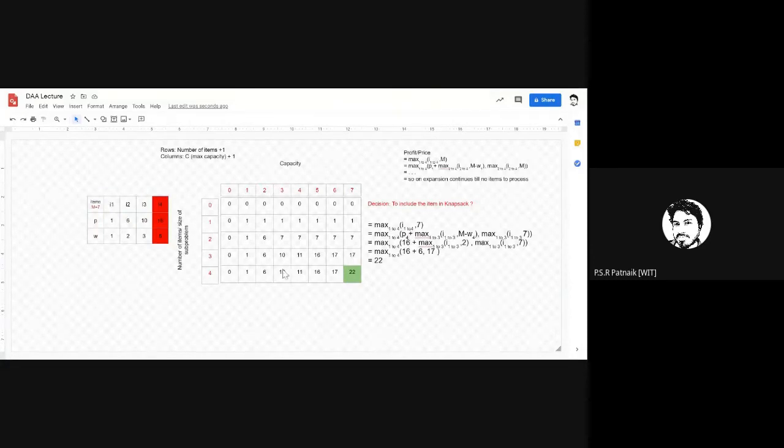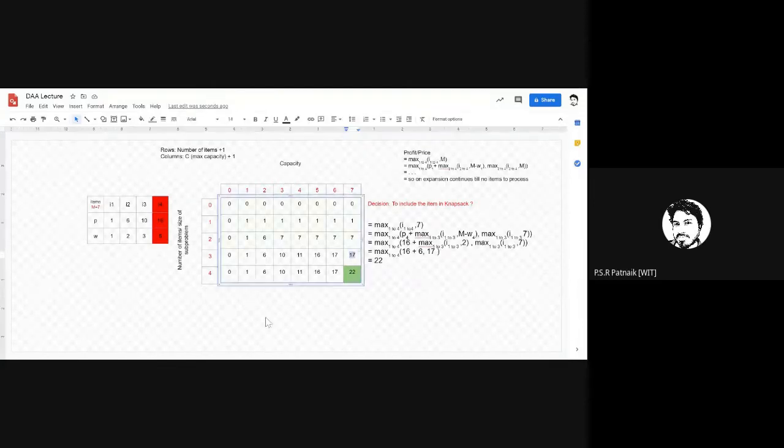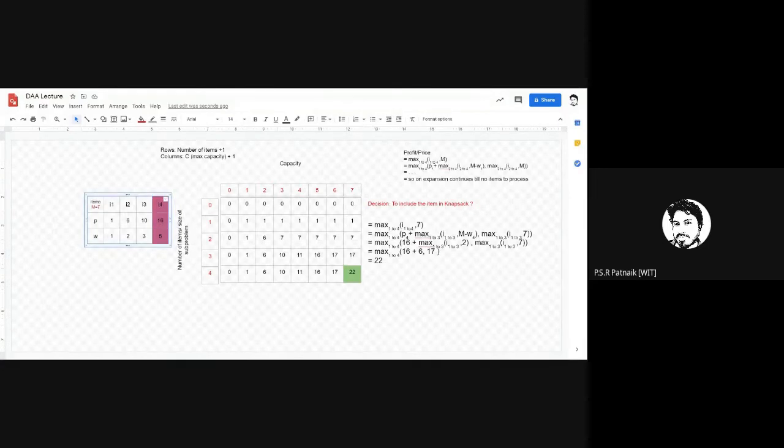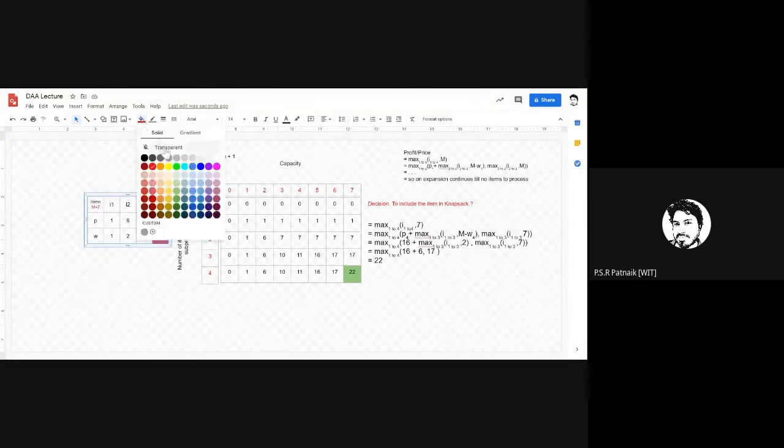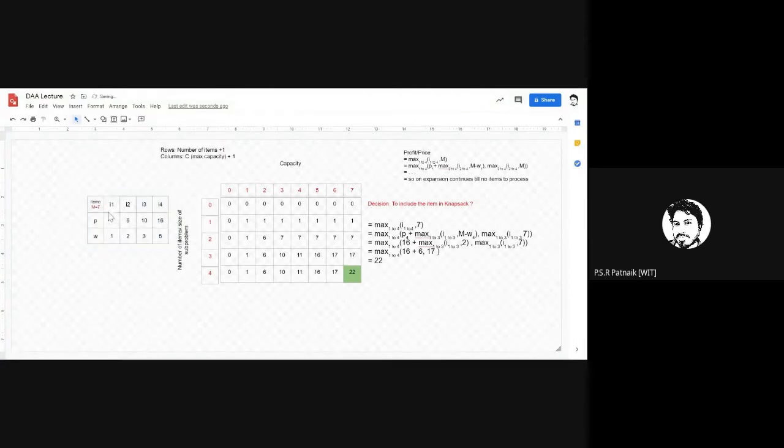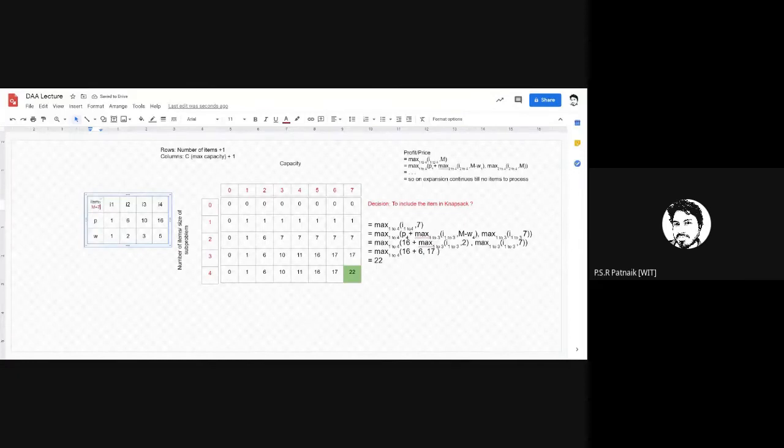No. If you have computed for I4, somewhere this table will also contain the maximum solution for this. Where will the solution be? This. For example, if you have this table and I ask sack capacity is say 5, do you need to compute again?